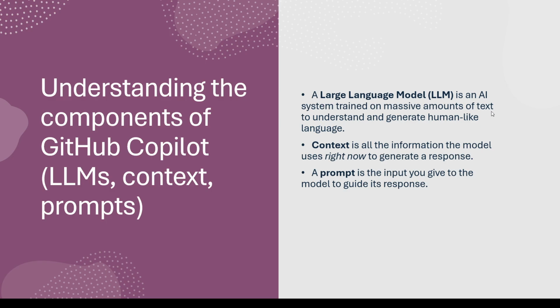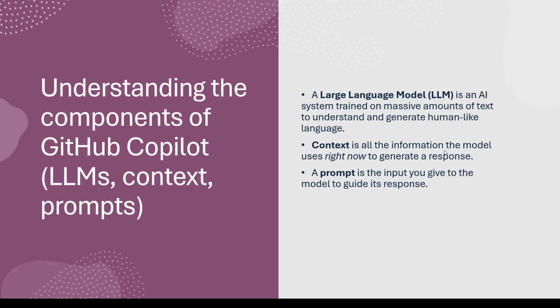And the advantage is that all these LLMs are trained on coding languages or programming languages, right? We have a lot of programming languages available in open source and hosted on different open source platforms. So GitHub Copilot uses all these platforms and trains on the data and creates these large language models.